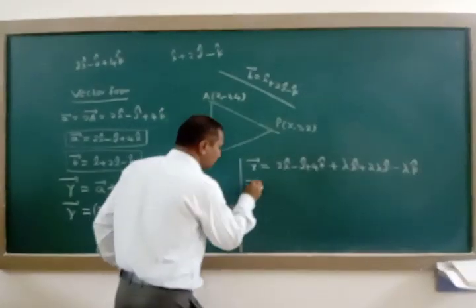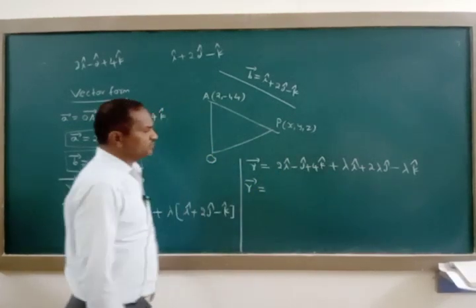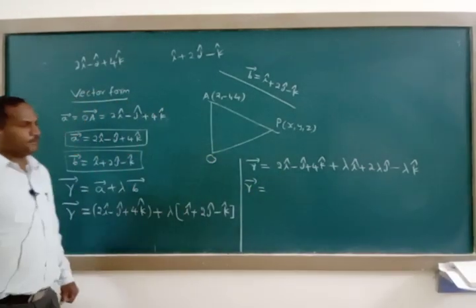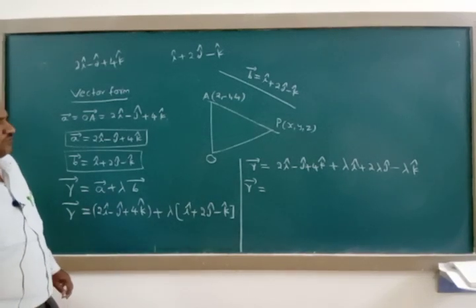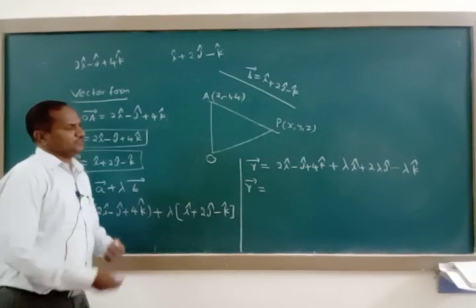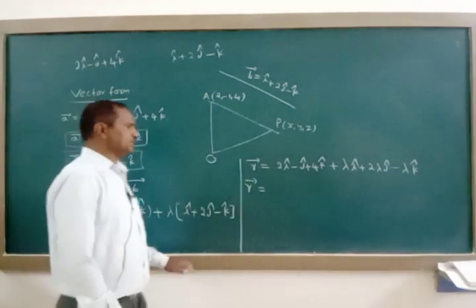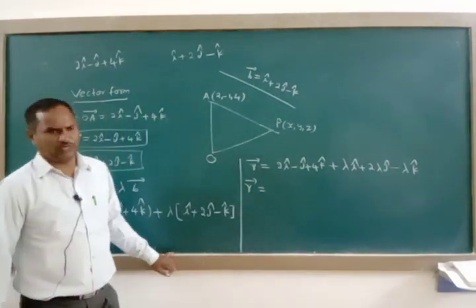R vector is equal to: observing the i cap coefficients, j cap coefficients and k cap coefficients, from all these you take common i cap, j cap and k cap respectively.